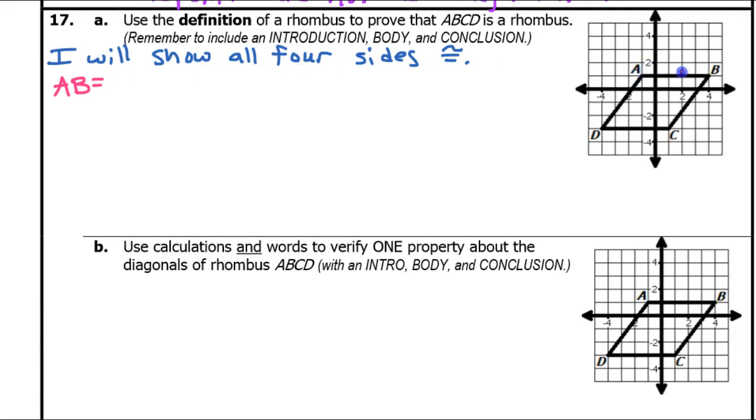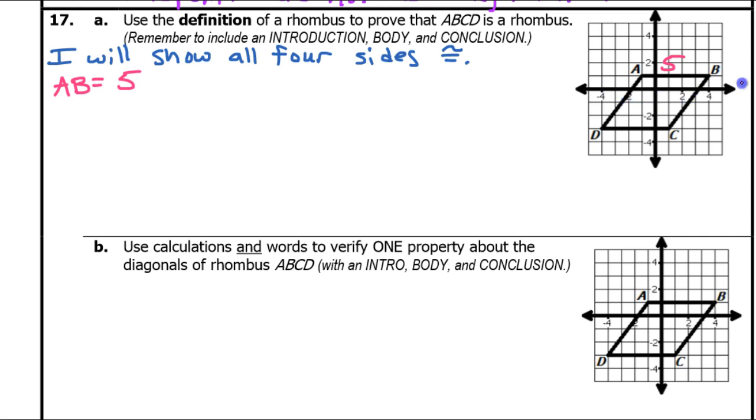So I can see that I have 4 units to the right and 1 unit to the left, so that's 5. The length of segment AB is 5.